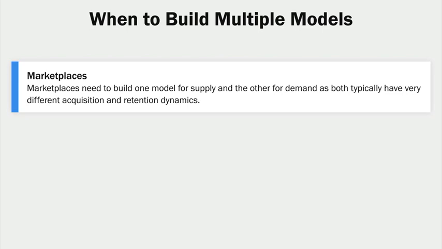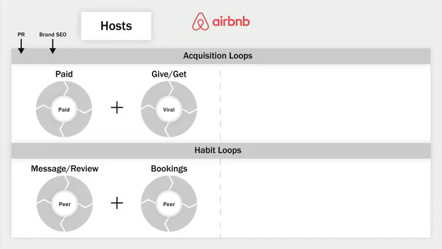So if we looked at Airbnb as an example, they would have one qualitative growth model that would represent how the host side of their business grows. Here you can see that we have acquisition loops, both as paid as well as an incentivized viral loop, as well as habit loops around the messages and reviews, as well as new bookings.